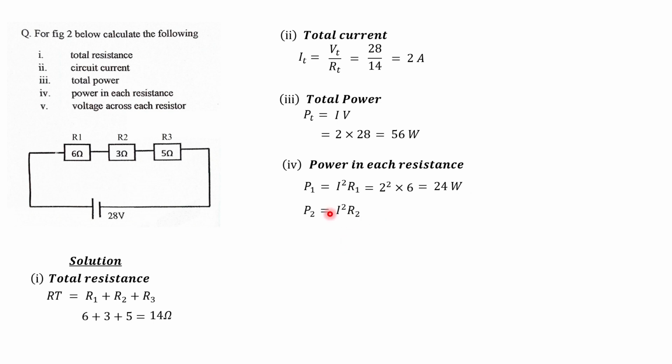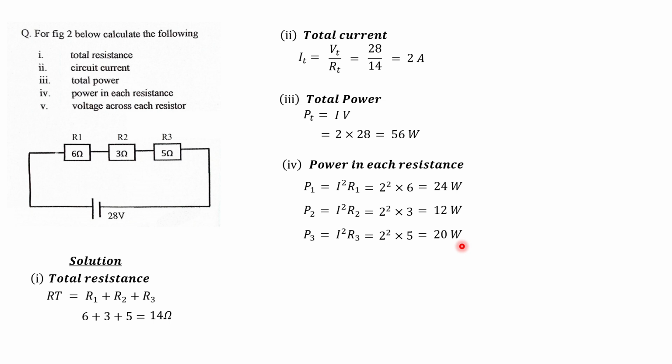P2 is equal to I squared R2, which is 2 squared times 3. When you multiply, we get 12 watts. And then P3 is also equal to I squared R3, which is 2 squared times 5, which is equal to 20 watts. So P1 is 24 watts, P2 is 12 watts, and P3 is 20 watts. I hope you understand.